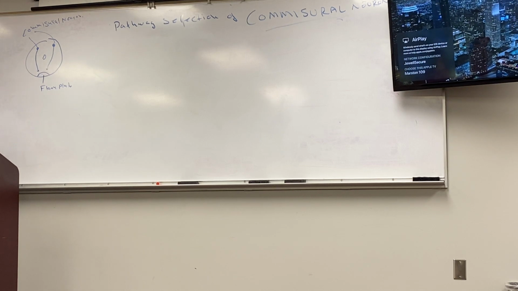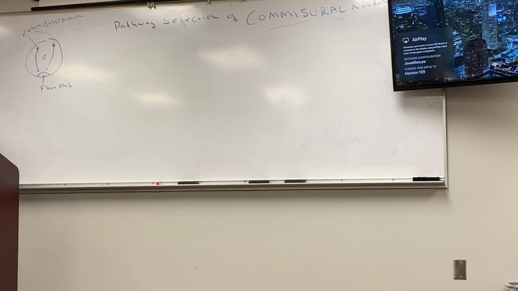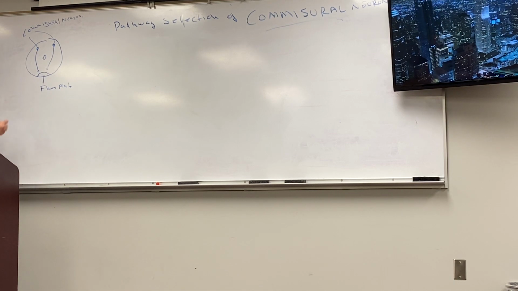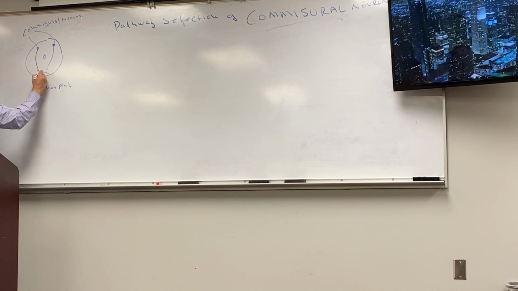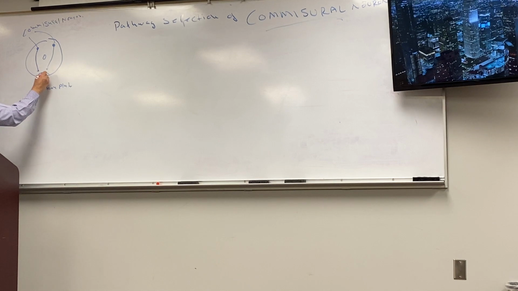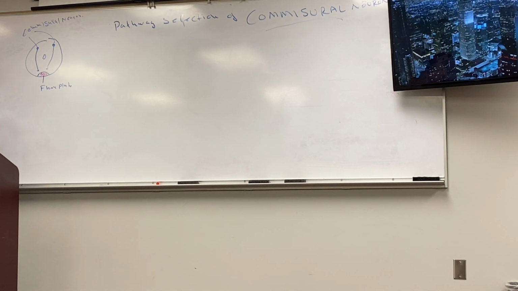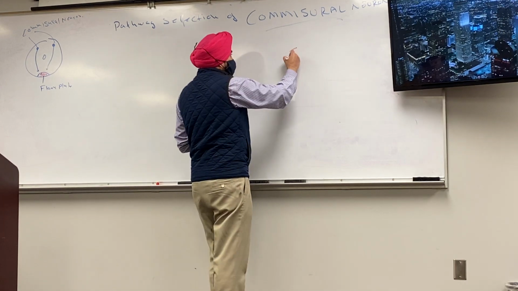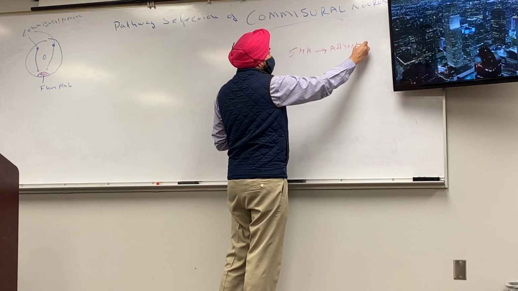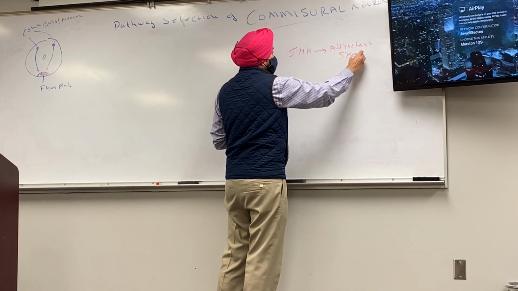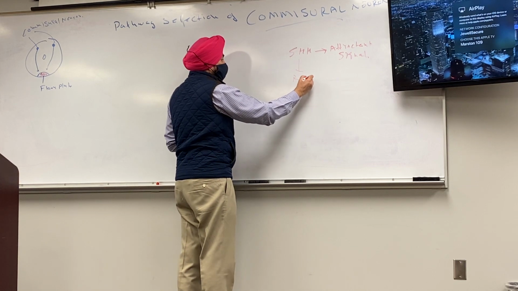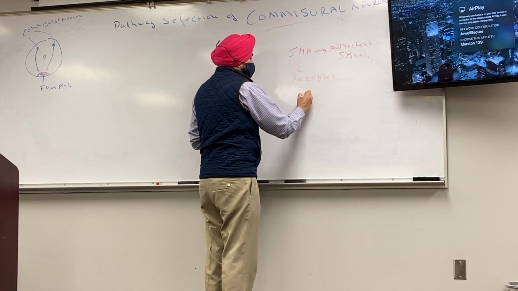Now, right here on the floor plate, why do they move like this? What is secreted in the floor plate? Sonic hedgehog. Sonic hedgehog also acts as an attractant signal. The sonic hedgehog receptors are called patched.